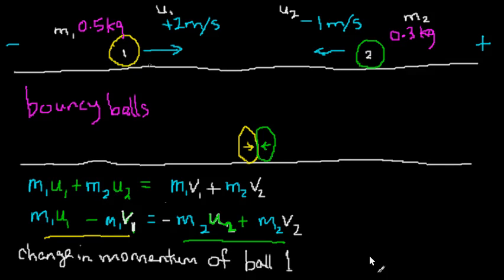So change in momentum of ball 1. Okay, and on the right side, I have the change in momentum, I'm just going to use MOM, short for momentum, of ball 2.